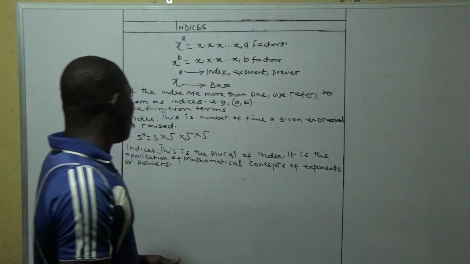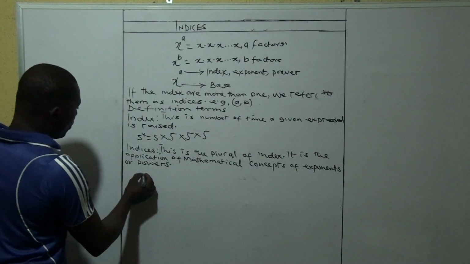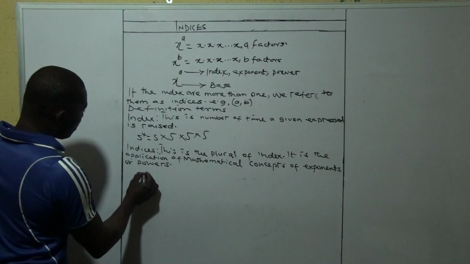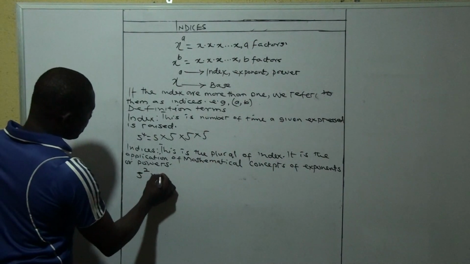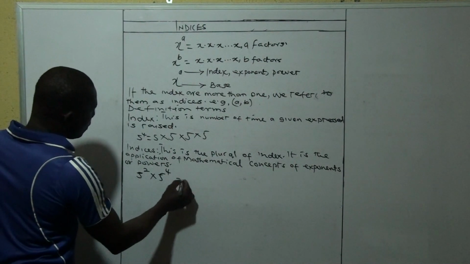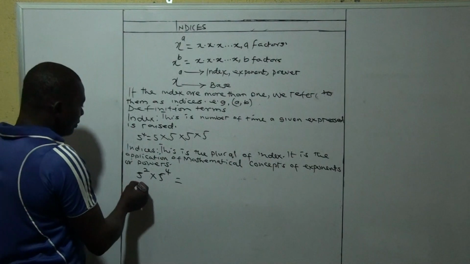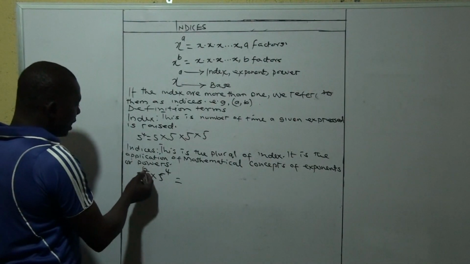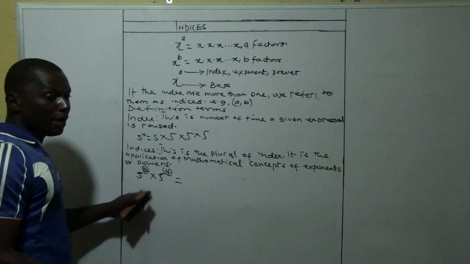So I have given some definition of them. For here, let's look at an example. We have 5 raised to the power 2 times 5 raised to the power 4. You see this exponent here, another exponent, so there are more than one.